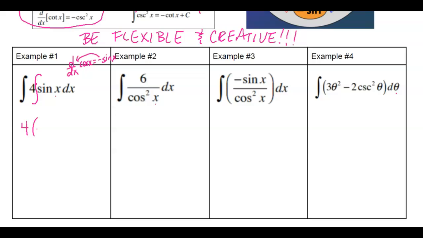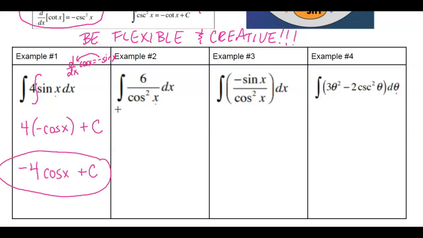So I get negative cosine. It's still an indefinite integral, so we still have that constant of integration. Then I write this a little nicer, and that's it. You can check yourself: the derivative of negative 4 cosine is 4 sine, and I get what I started with. That's my mental check.